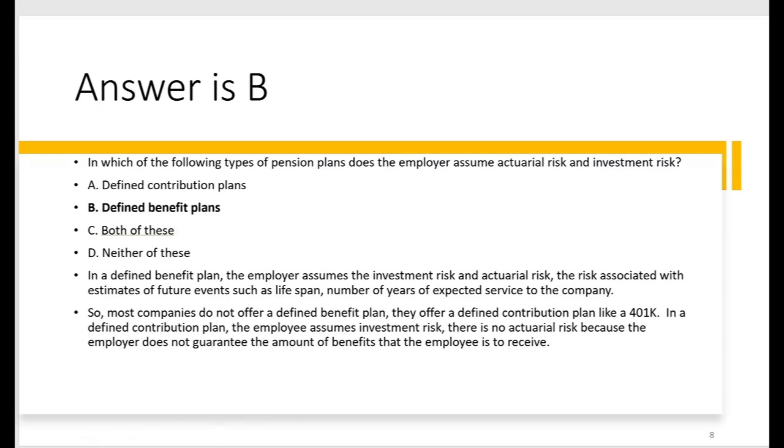That would involve actuarial risk. So in a defined contribution plan, there is no actuarial risk. In a defined benefit plan, the employer assumes the actuarial risk and the investment risk.